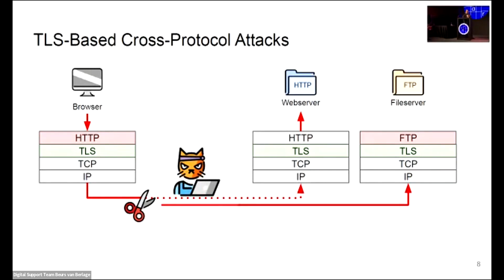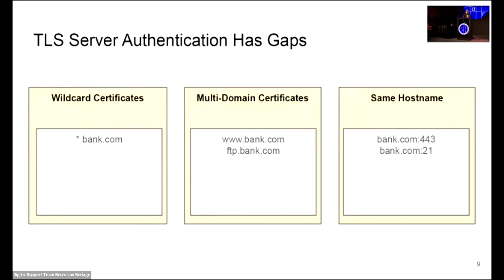So in such a cross-protocol attack, the client is redirected to a server speaking an entirely different protocol, and we prevent these attacks normally by relying on TLS domain certificates which isolate each service from another. So in this case, if you have two completely different services, they have incompatible certificates, and the browser will terminate the connection after the attacker tries to redirect it.